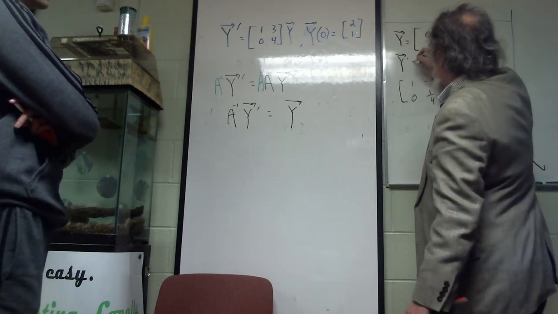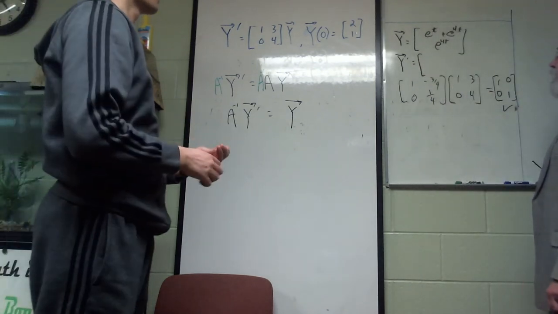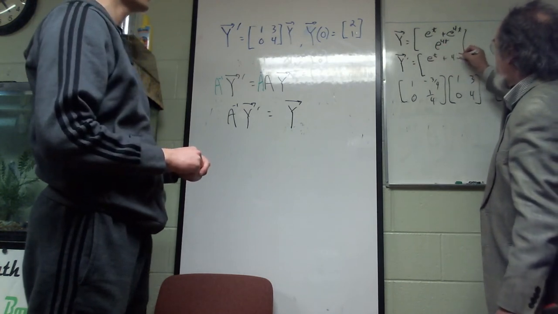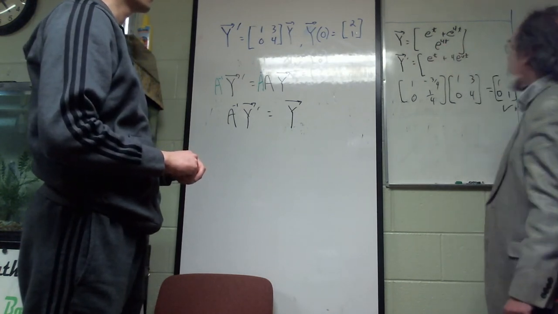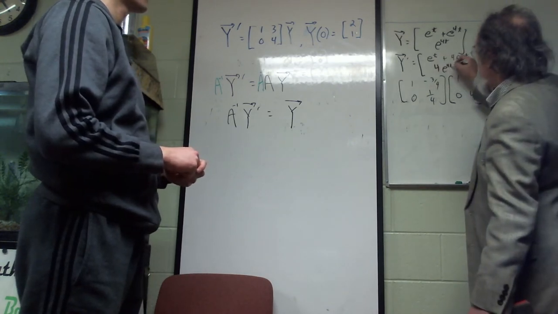Your go, Branko. The derivative of the first one, which is going to be e to the t plus 4e to the 4t. Correct. And then the bottom one is just 4e to the 4t. 4e to the 4t is right.